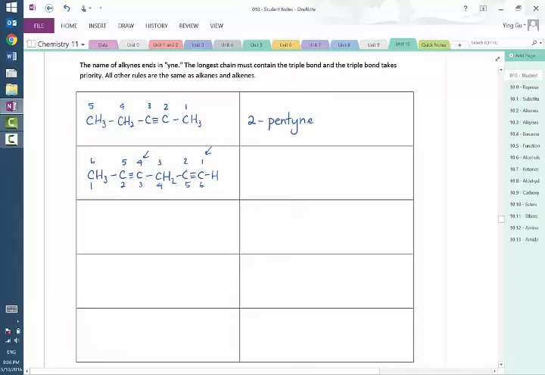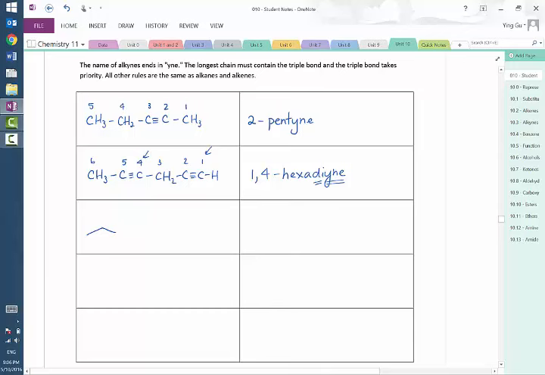So this structure is going to be called 1,4-hexadiyne. And again, the di means 2, and that prefix is occurring right before the thing that it's doubling, which is the Y and E part, standing for triple bond. 1,4-hexadiyne.